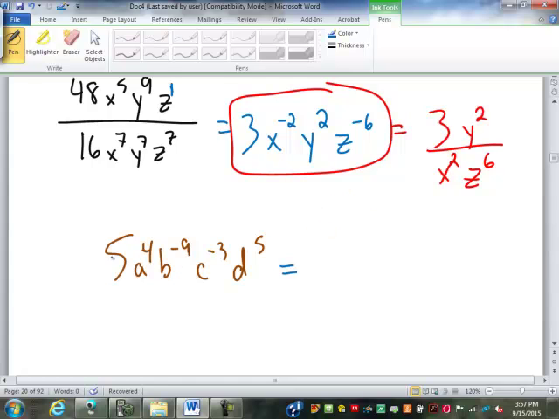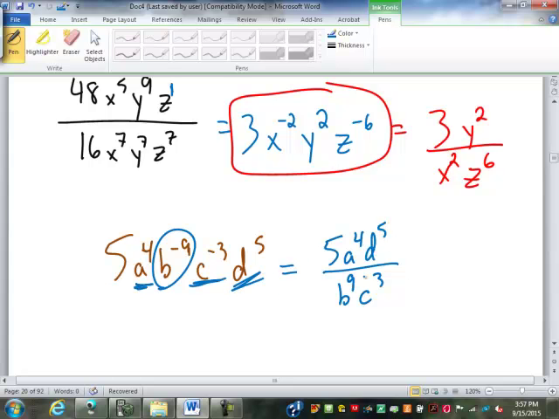Well, the number, of course, goes on top. That's 5. A to the 4th, top or bottom? Top. It's already a positive power. B to the negative 9th? Bottom. It's going to be b to the 9th on bottom. C to the negative 3rd? Bottom. C to the 3rd. And the d to the 5th? Top. D to the 5th. Just like that.